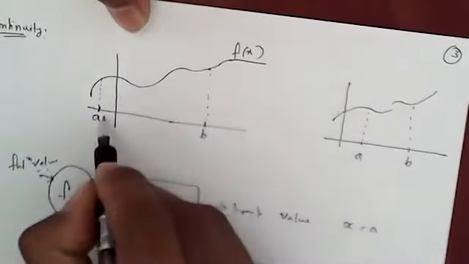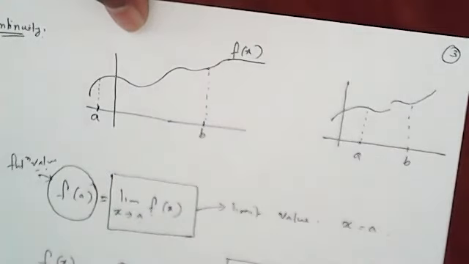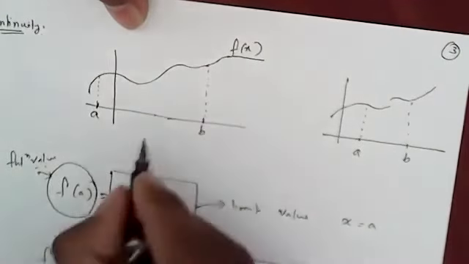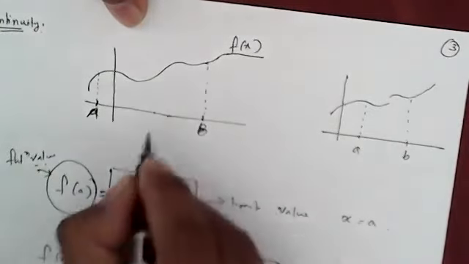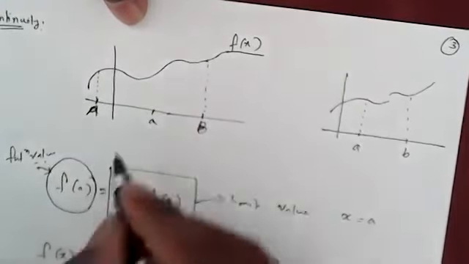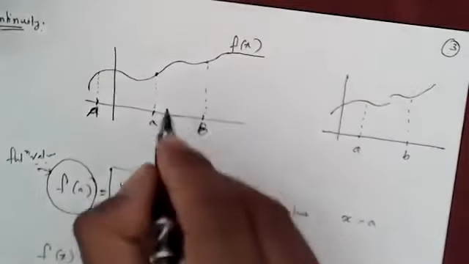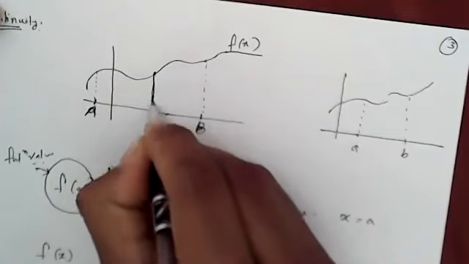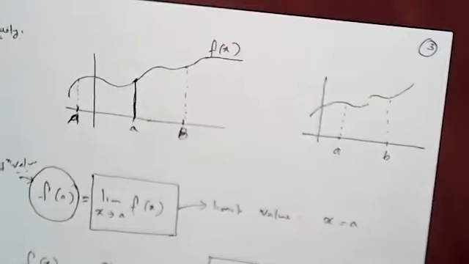At any point within this interval, we can say that the function is continuous. Let me call these points capital A and capital B, and let us have a point a here. Now, what is f of a? If I draw a perpendicular line from this point to the graph, the point where this line cuts the graph is f of a, the functional value.